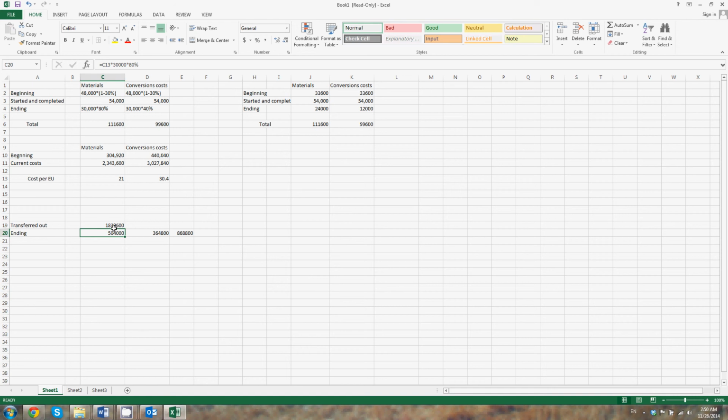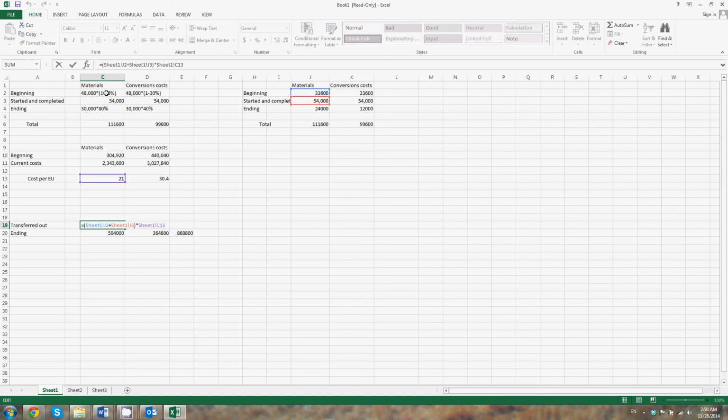You should know that this is not yet complete. The reason why? Because if we talk about transfer out, it should be all finished good. It should be 100% completed. If we just take into account the beginning and started and completed, it's only partially complete.